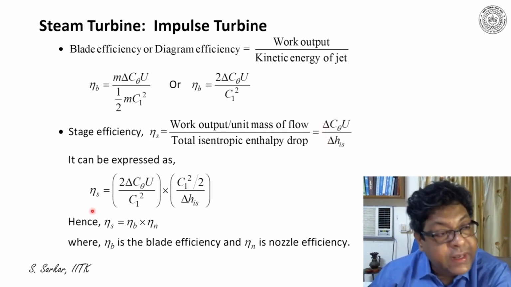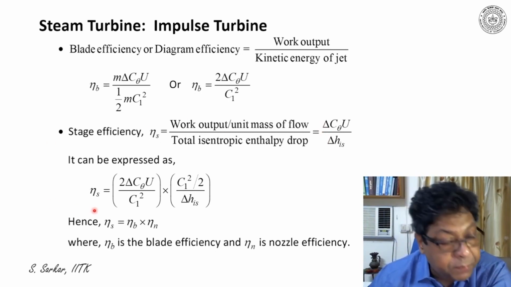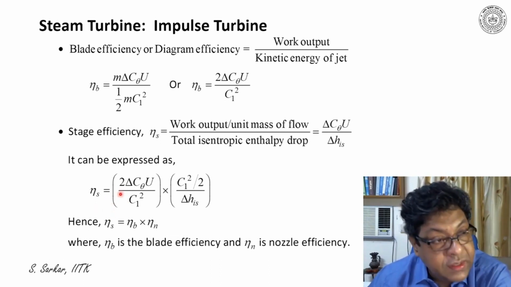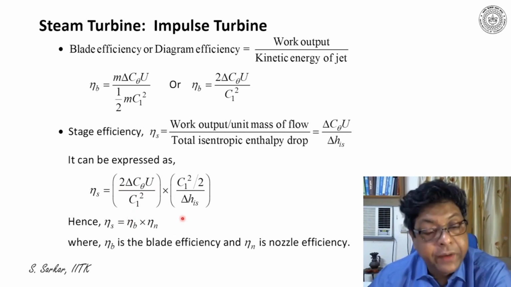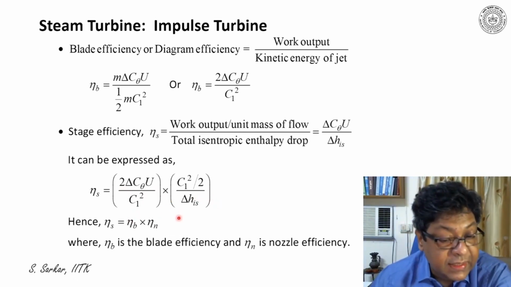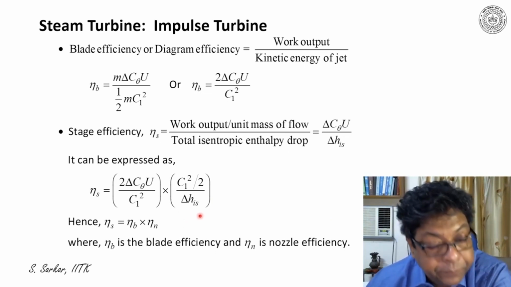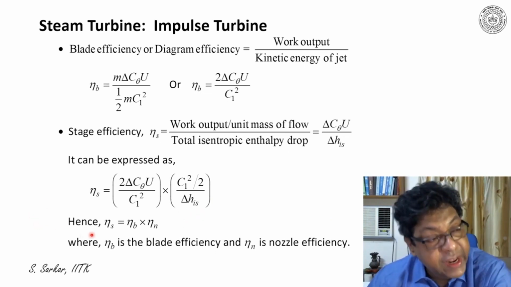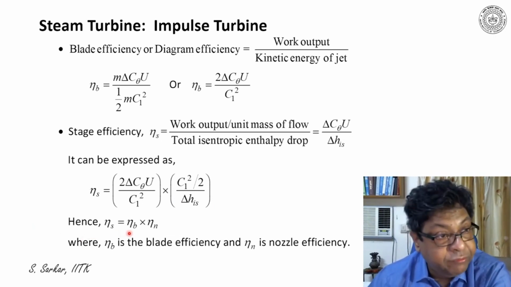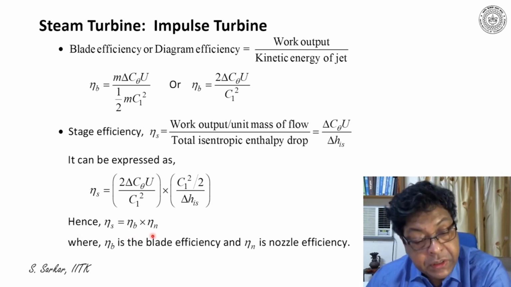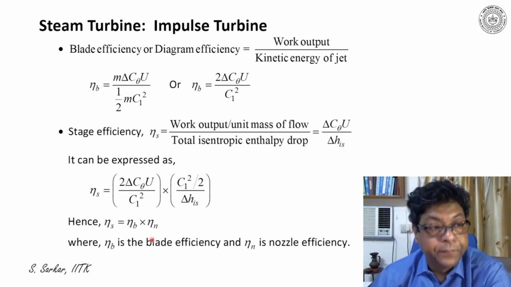Therefore, eta S can be expressed as twice delta C theta U divided by C1 squared, into C1 squared by 2 divided by delta H isentropic. Hence, stage efficiency is the multiplication of blade efficiency and nozzle efficiency.